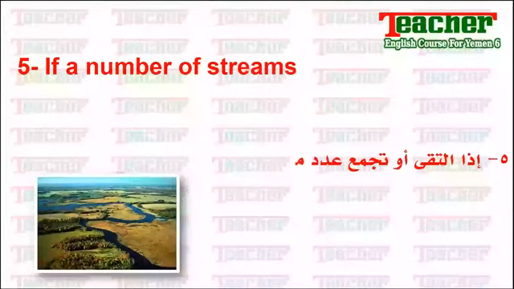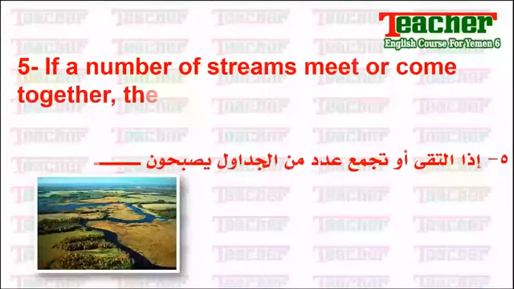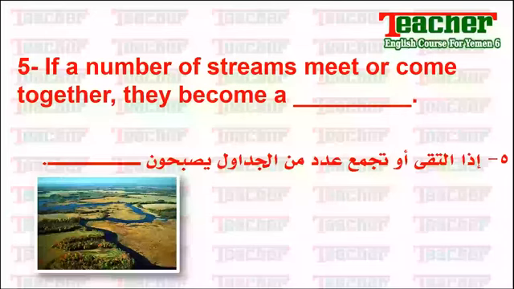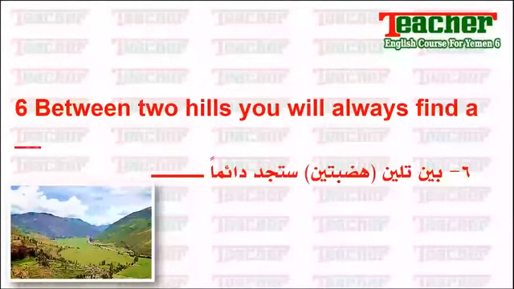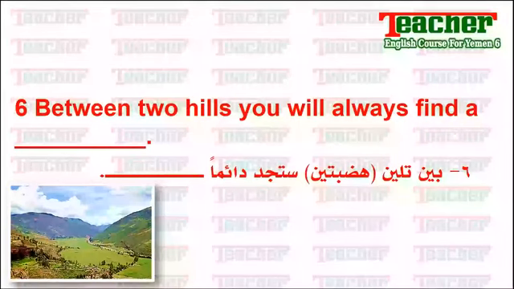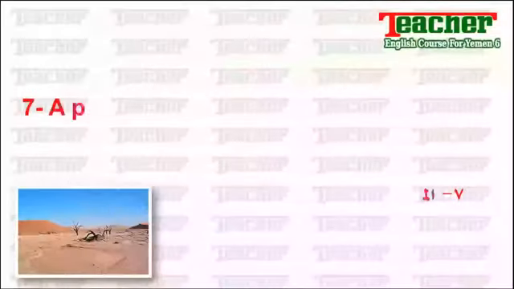5. If a number of streams meet or come together, they become a river. 6. Between two hills, you will always find a valley. 7.